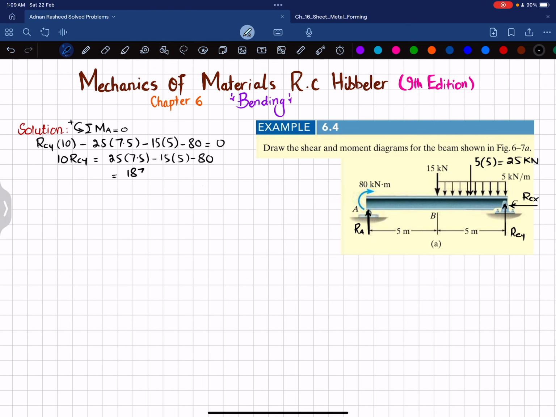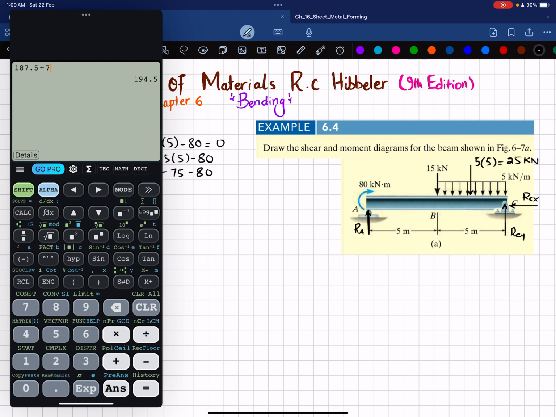Yes, this is minus 75, and minus 80 is equal to 10 RCY, and 187.5 plus 75 plus 80 will give you 342.